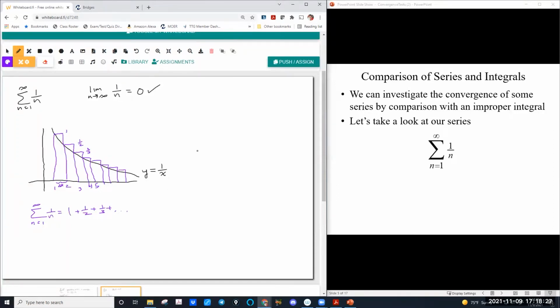So what does that tell us? That tells us that the improper integral from 1 to infinity of 1 over x dx is less than or equal to, and more likely strictly less than, we could say, this series.